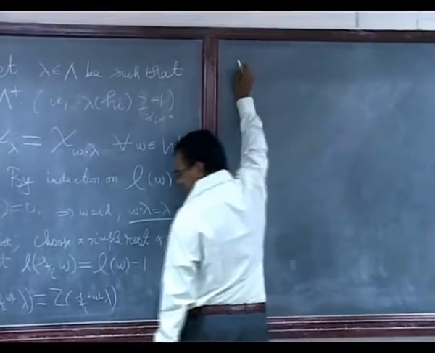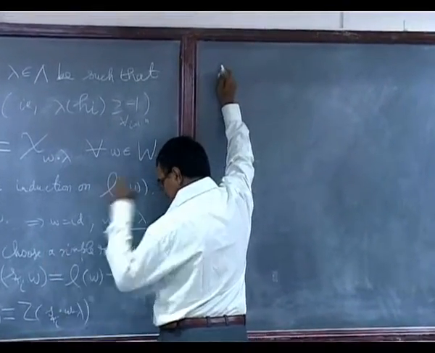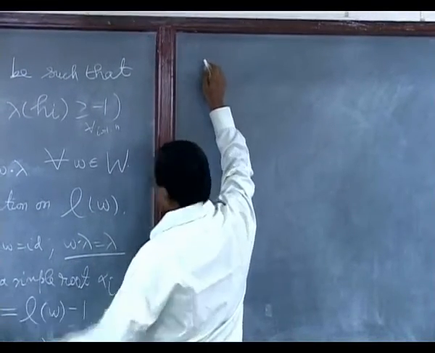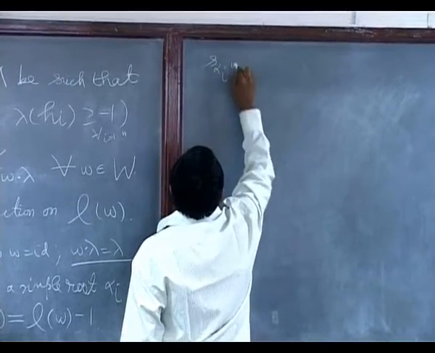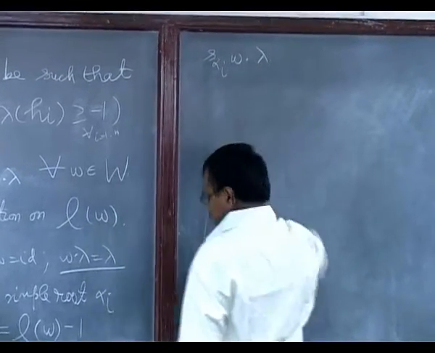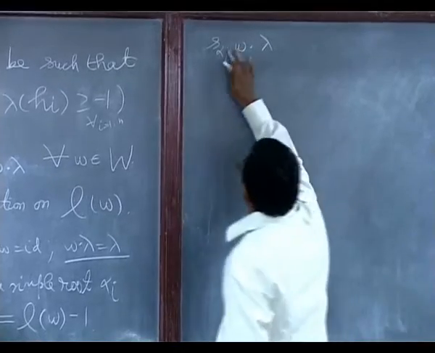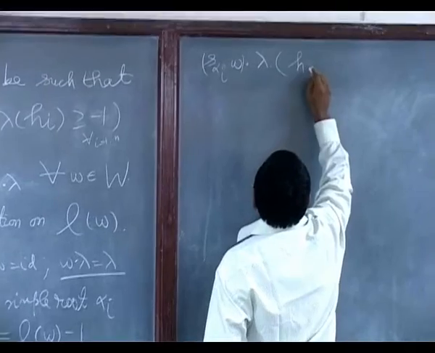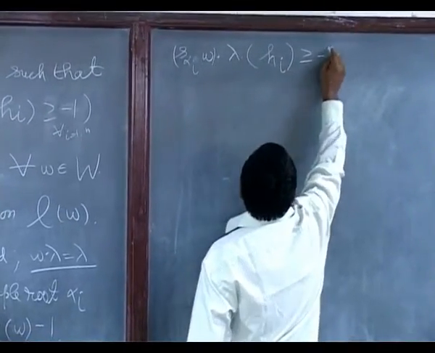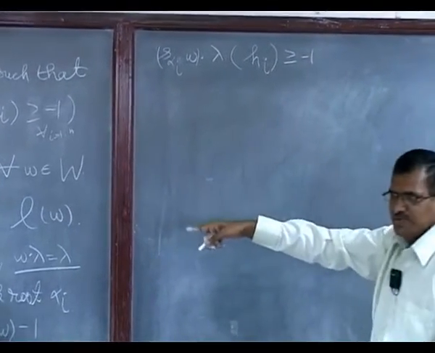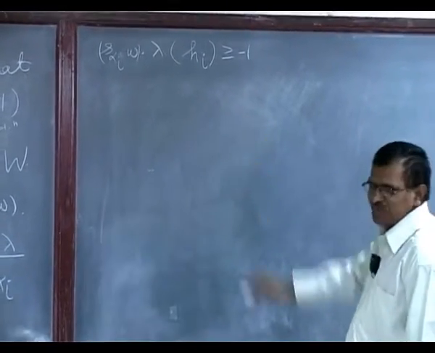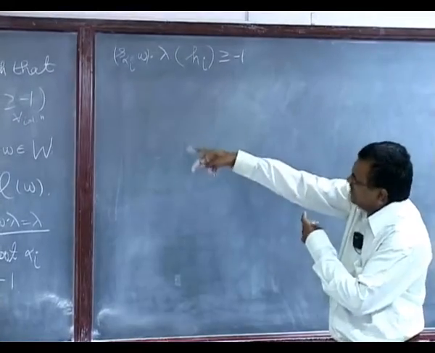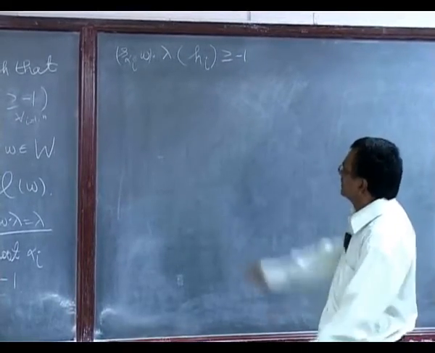From here you can see that s_alpha_i w dot lambda of h_i is bigger than or equal to minus 1, the same idea as for lambda of h_i, for the same i.